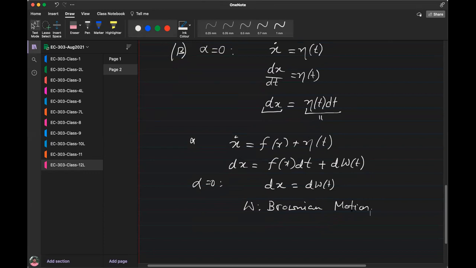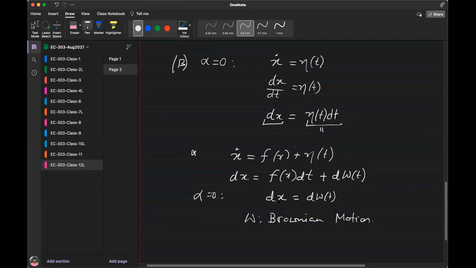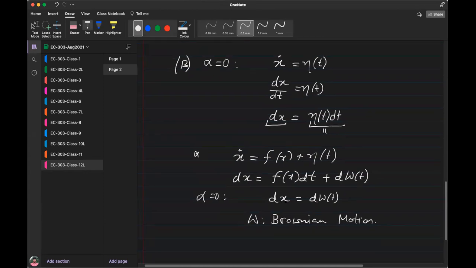Therefore, x itself now becomes Brownian motion. Is that clear to everyone? So basically, alpha equal to 0 takes you to the case of Brownian motion. Now the state variable just follows a Brownian motion.